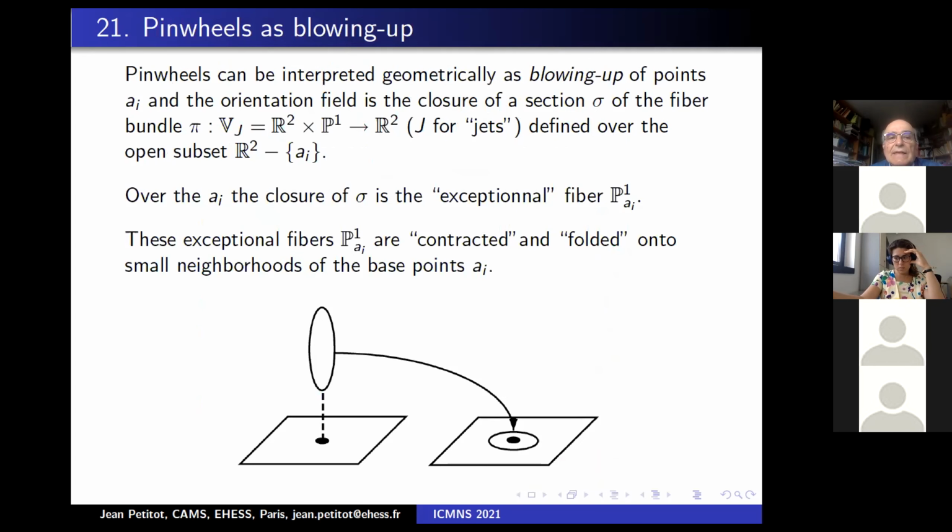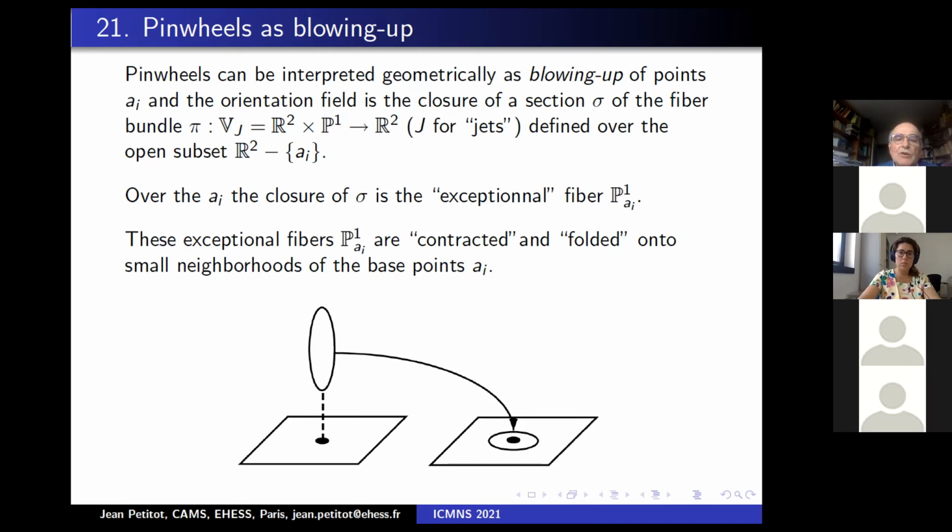Okay, now geometrically, pinwheels can be interpreted as blowing up of points a_i, and the orientation field is the closure of a section of the fiber bundle J¹ (J for jets), equal to R² × P¹ over R², defined over the open subset R² minus the points a_i, the blown-up points a_i.